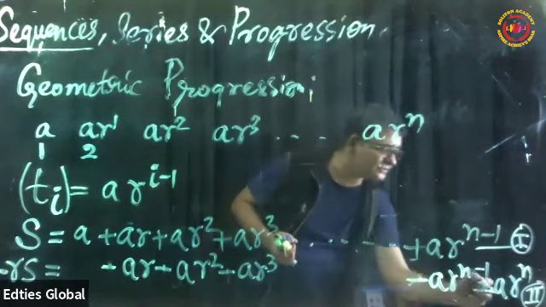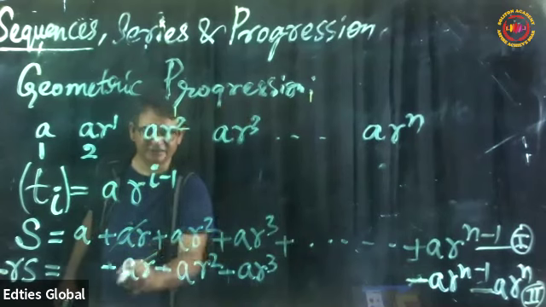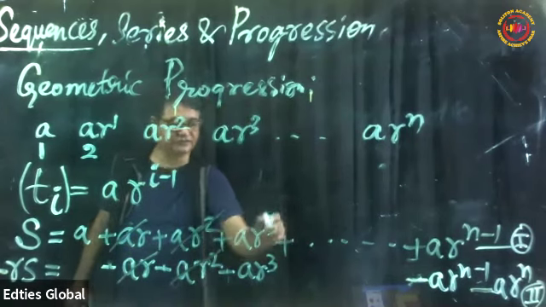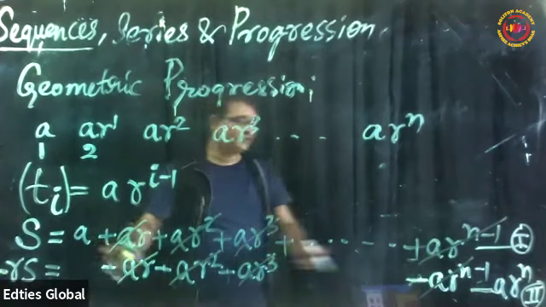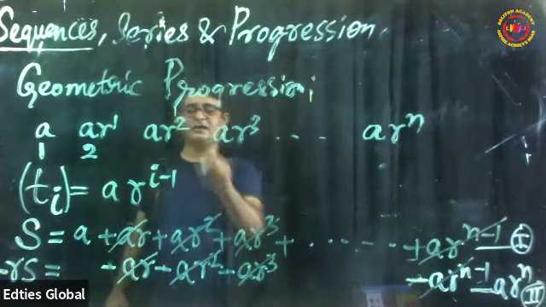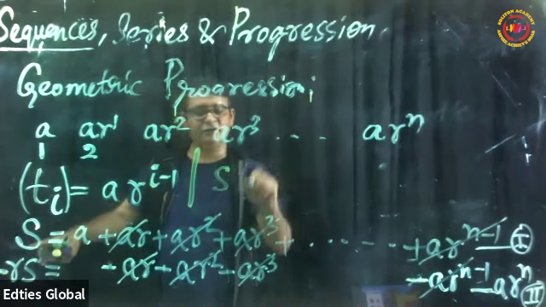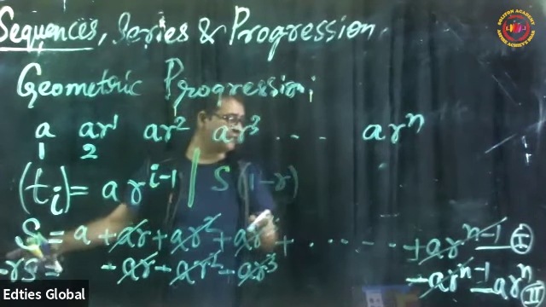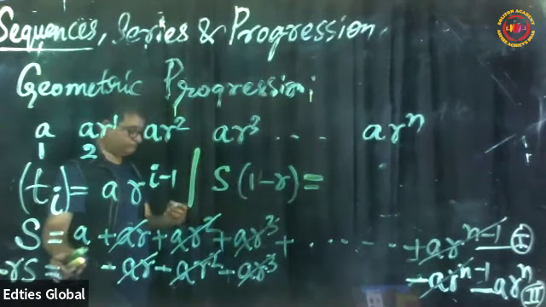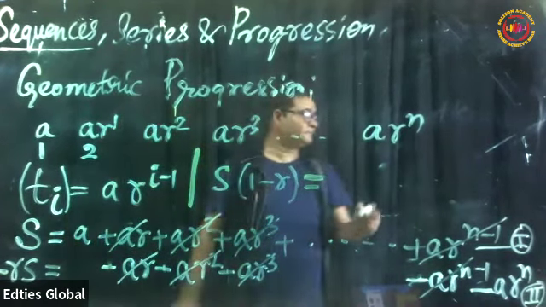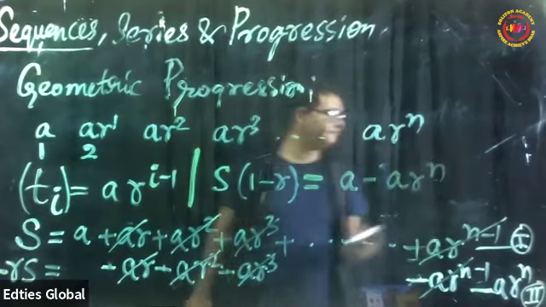Okay, now our life is easy, right? Just imagine I add them. Then this term and this got cancelled, this got cancelled, until here. Only the first and the last term remain. So what I can conclude from this discussion is the following: S into 1 minus R, from the left hand side, is going to be equal to A minus AR to the power n.